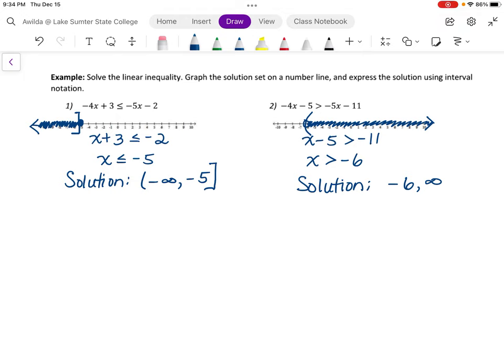In this case, -6 is not included as part of our solution set, so we use an open parenthesis. Negative infinity and positive infinity are never values that can be reached, and so they are always going to be enclosed with open parentheses.